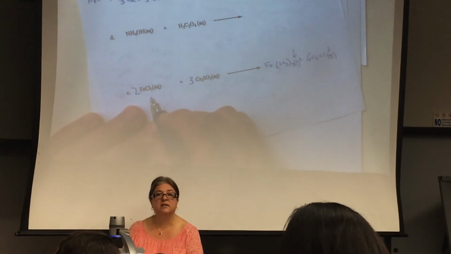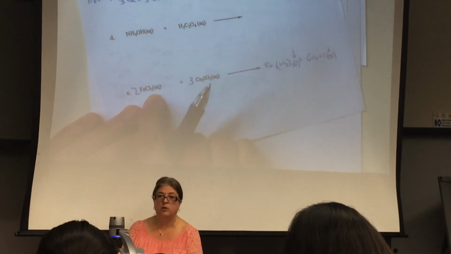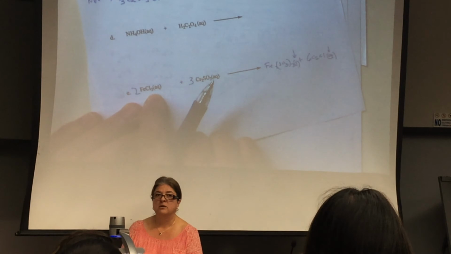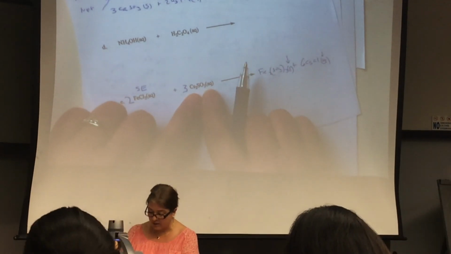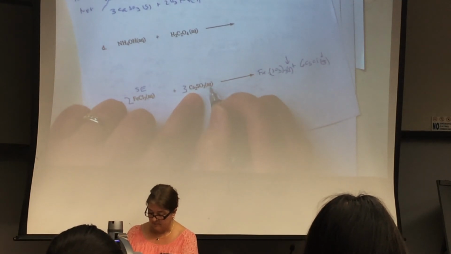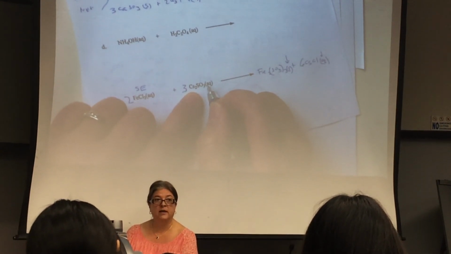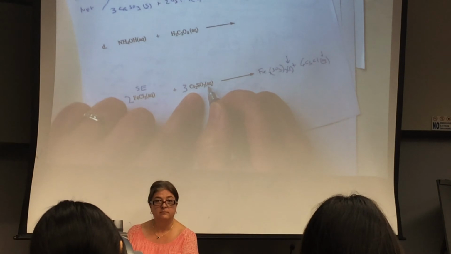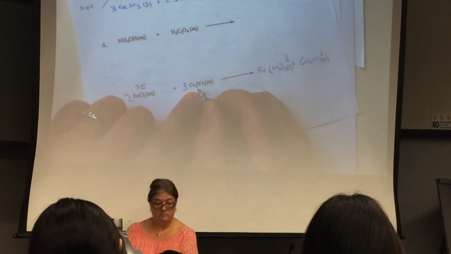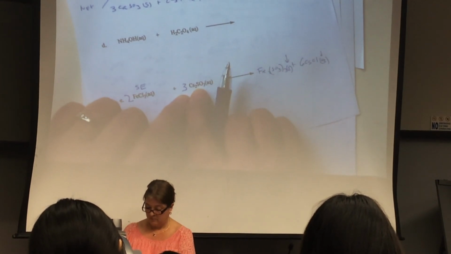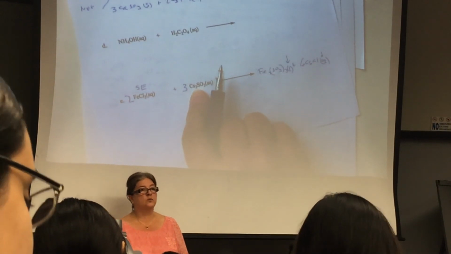Break the strong electrolytes, leave the weak ones alone. Is this a strong electrolyte or a weak electrolyte? Soluble salt. What is it? Strong electrolyte. Where do you look for this one?